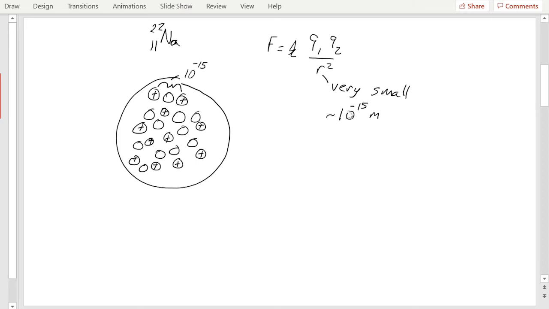When you divide things by a really small number, you get a pretty big number. And remember that Coulomb's constant is a big number anyway. And so the net effect is that there should be a measurable force here, right?